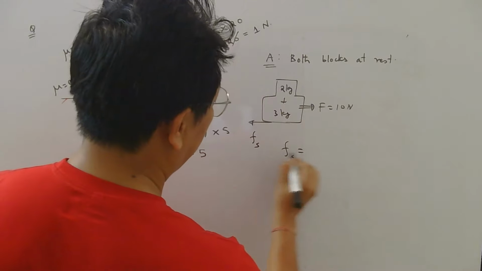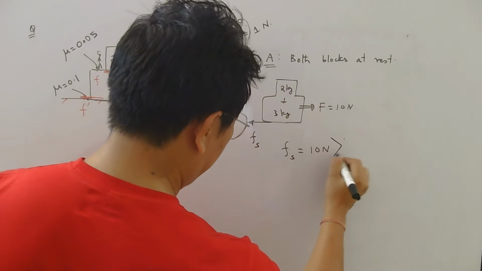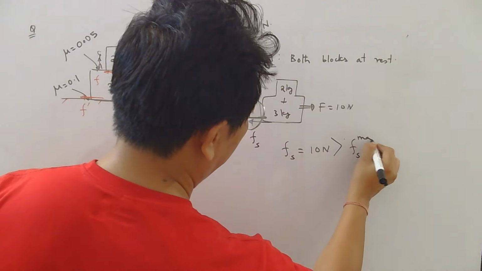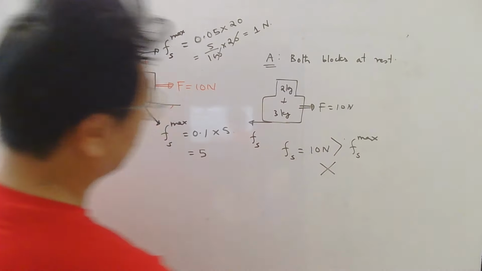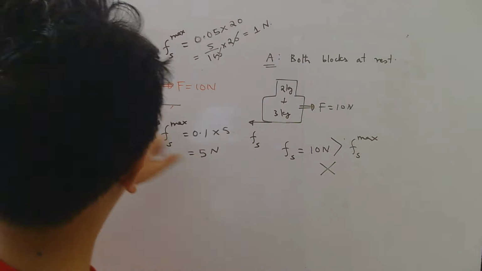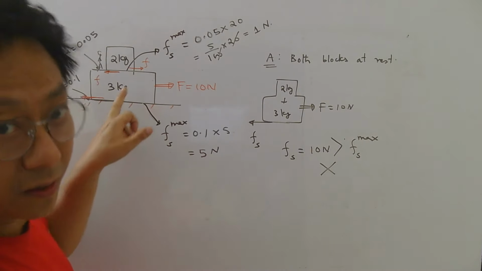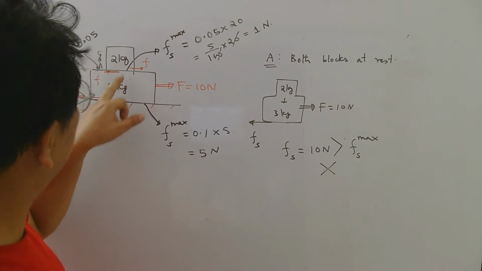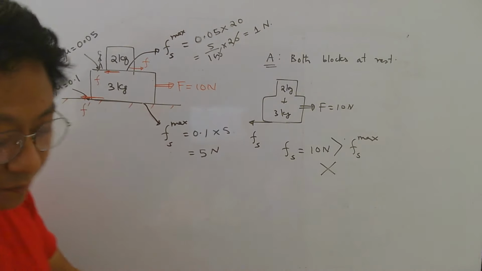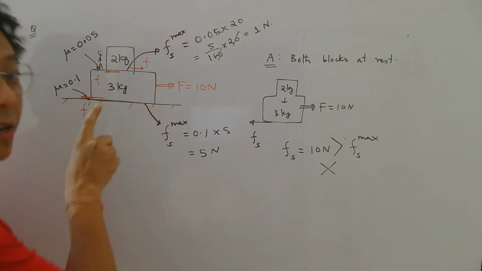But to keep this at rest, this should balance this, which is coming greater than max value. You can never be greater than max value, so not possible. So 100% here there is slipping. Now once slipping here starts, slipping here can also start, right? Only thing is slipping will start first here, remember.